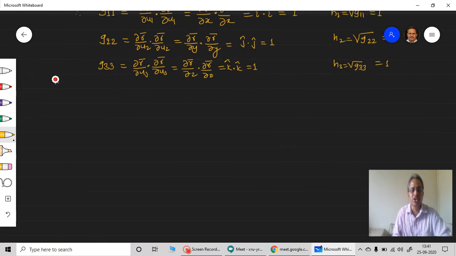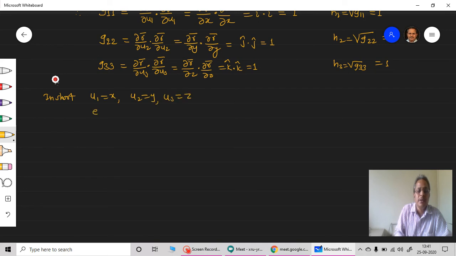So in short, we have u1 is x, u2 is y, u3 is z, e1 cap is i cap, e2 cap is j cap, and e3 cap is k cap. Similarly, h1 is equal to 1, h2 is equal to 1, and h3 is also equal to 1.